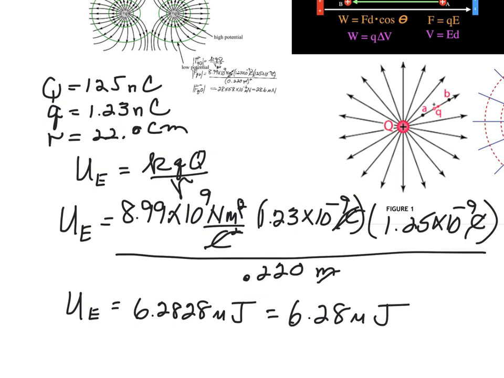But because it's a small number, I have you report it in microjoules. So in microjoules, I get this number, and I round it to 3 digits. And this is the answer of the energy stored for these numbers and this charge arrangement.